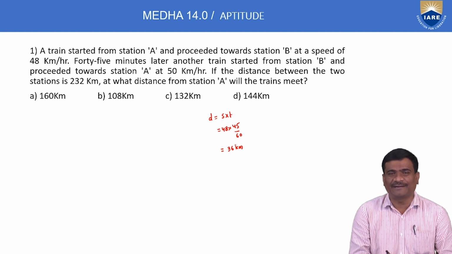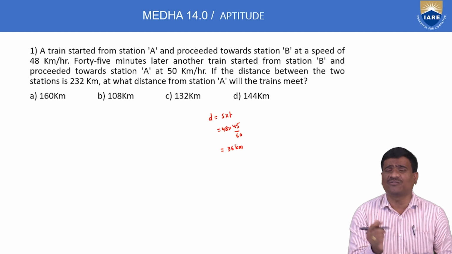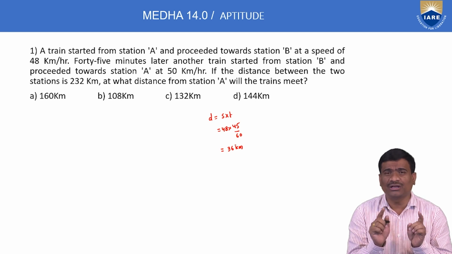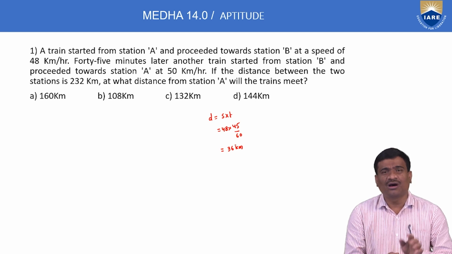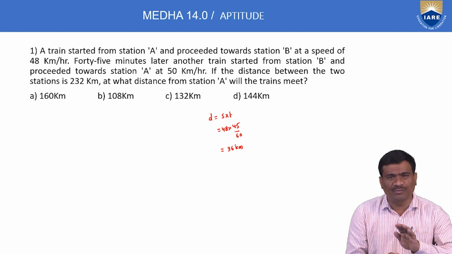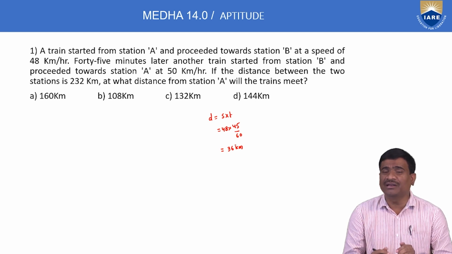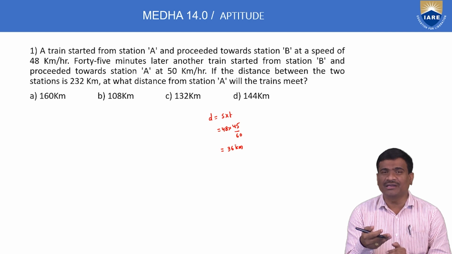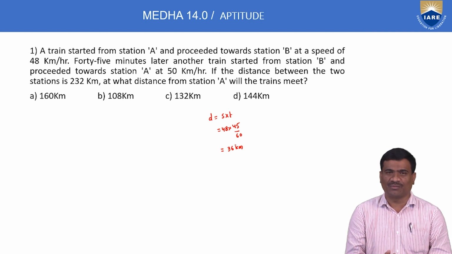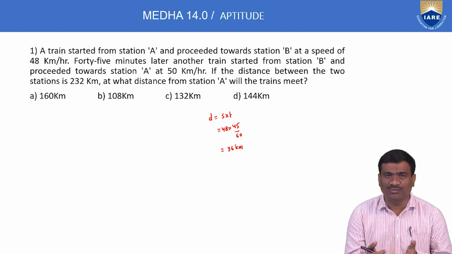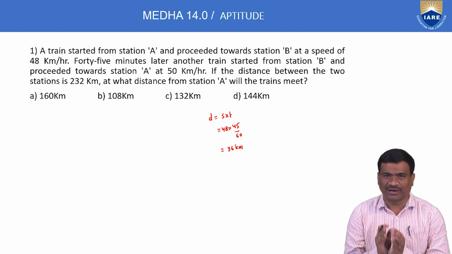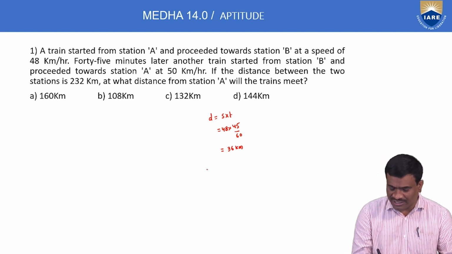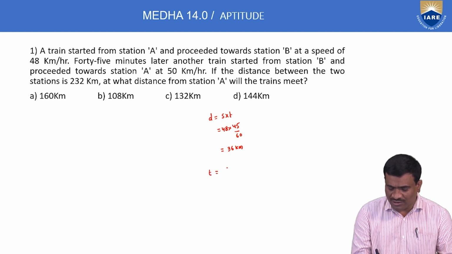Next, calculate the meeting point of the two trains. Total distance 232. Already 36 kilometers completed. Remaining distance: total 232, A only covers 36, so remaining distance 196 kilometers. In 196 kilometers, calculate the meeting point. Formula: meeting time is equal to distance by relative speed.